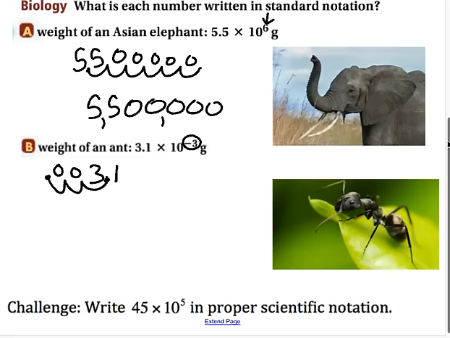And same thing, you fill in any holes with additional zeros. Okay? So this is going to become 0.0031. Again, pretty conceptual, but just making sure that you keep those rules straight. A positive exponent means move it in the positive direction to write it in standard notation. Negative exponent means move the decimal towards the negative direction.